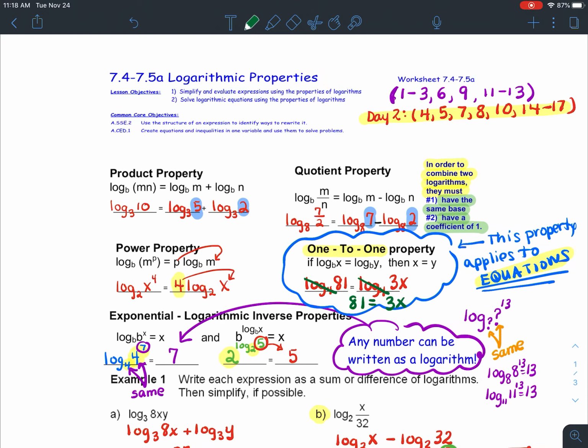Okay? So if we cross that off, we are left with the equation 81 equals 3x. We would continue just solving that algebraic equation. We would get x equals 27.